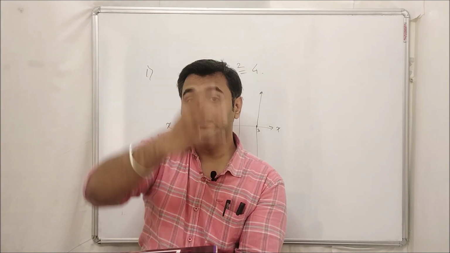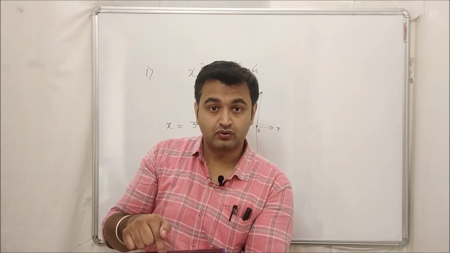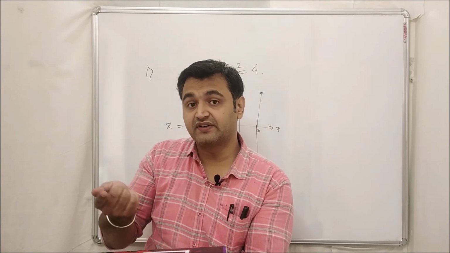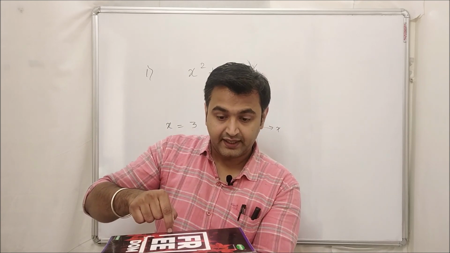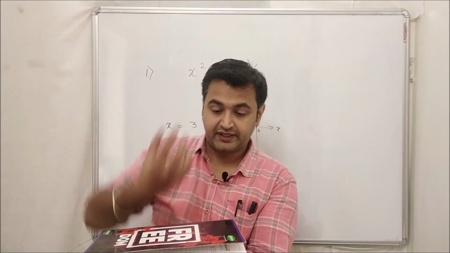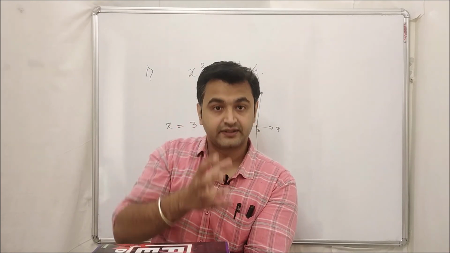Suppose you want the vertical cylinder. You take a circle in the xy plane, suppose a circle of radius 2, x square plus y square equal to 4. You draw the circle of radius 2 in the xy plane, and then you pull the circle up and you pull this circle down. So you get the vertical rod or the vertical cylinder.